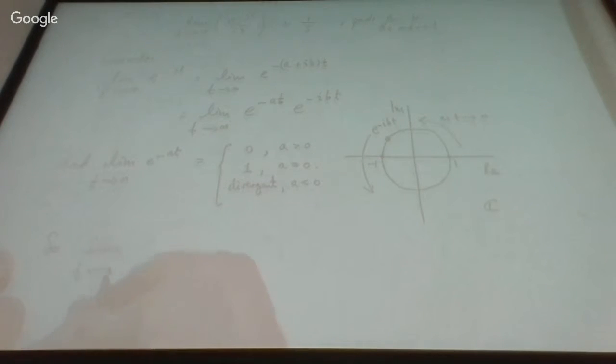So the limit as t goes to infinity of e to the minus st is only convergent when a, which remember is the real part of the complex variable s, is strictly positive.